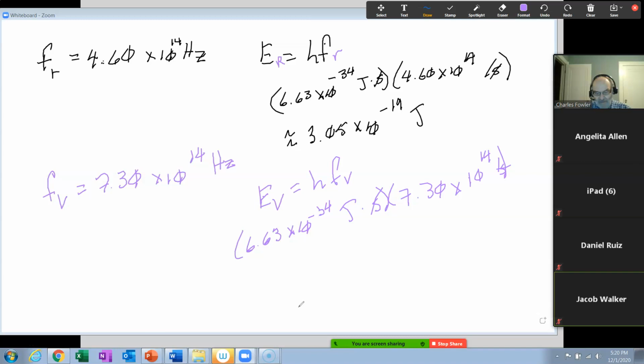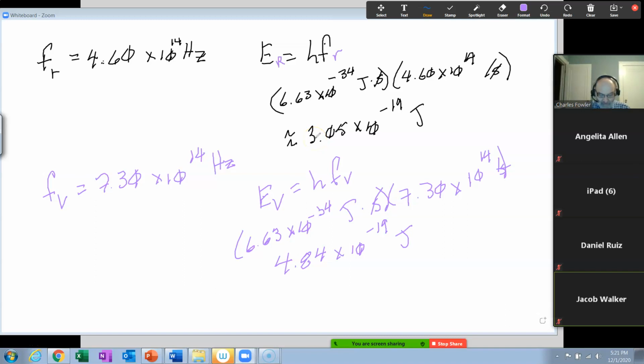Negative 34, I have to type in 34, then change signs and make it negative 34, times 7.3 EE or EXP 14, equal, and this gives us the energy of 4.84 times 10 to the minus 19 joules. So significantly more energy in a violet light than there is in red light.